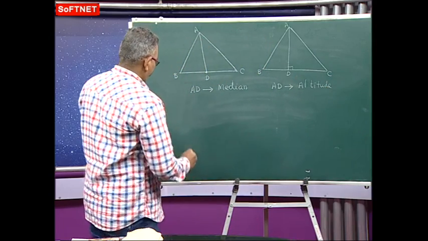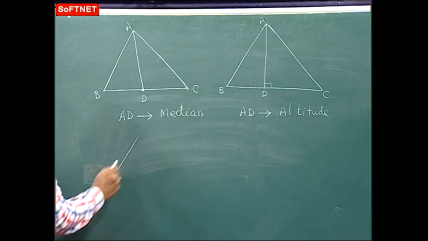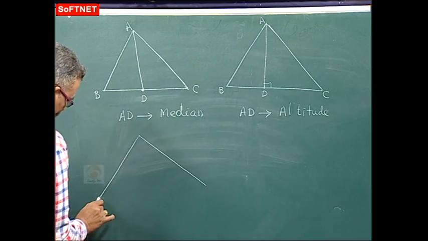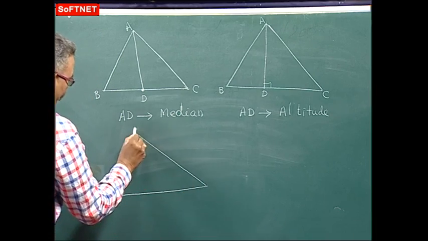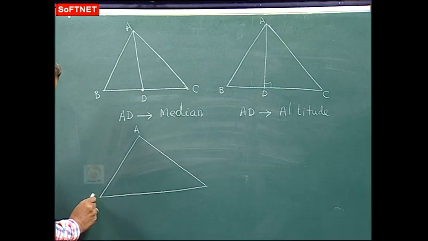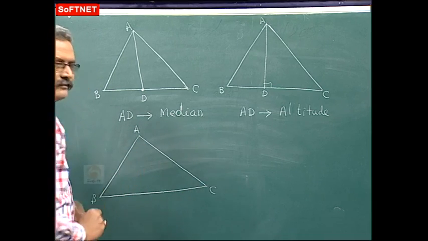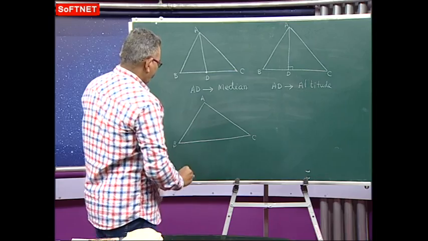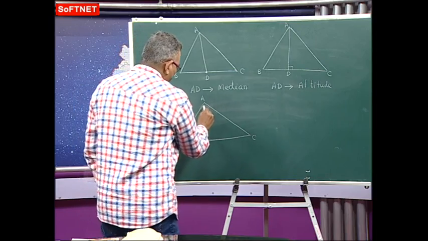So now you take again triangle ABC. Now divide this angle into equal parts.